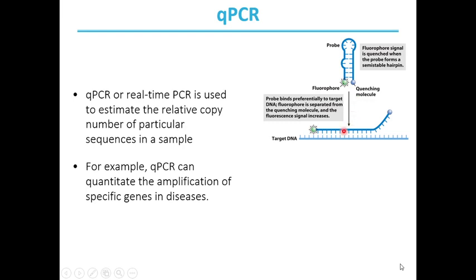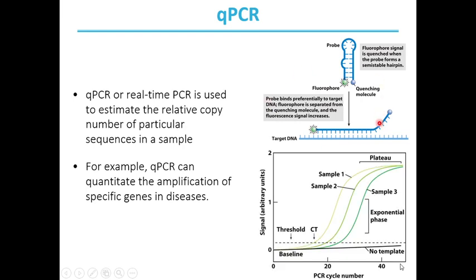When the reporter oligonucleotide pairs with the target DNA that is complementary to this oligonucleotide, in a copy of an amplified DNA segment, the fluorophore is separated from the quenching molecule, which is here, and as a result, fluorescence increases. The result from such an experiment usually looks like this. This is a graph of signal on the y-axis versus PCR cycle number on the x-axis.